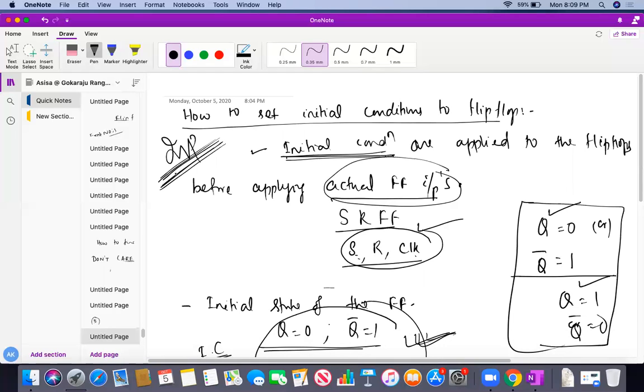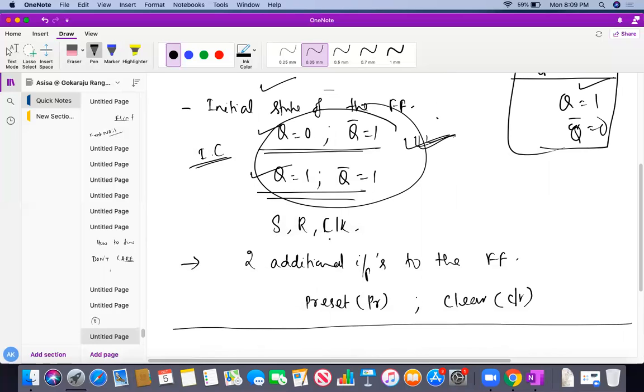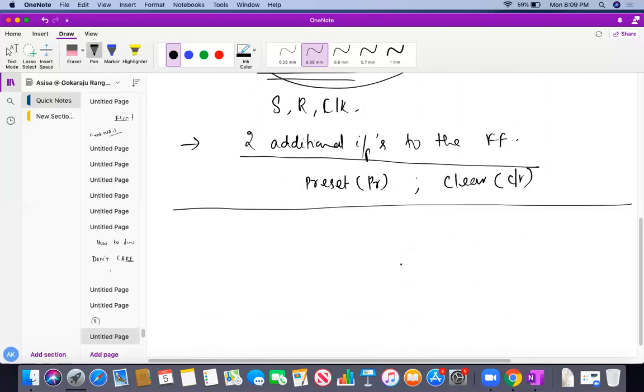That I am telling now. Before application of the actual flip-flop inputs, we give a certain initial state, either Q equal to 0 or Q equal to 1, using two additional inputs, which are preset and clear.